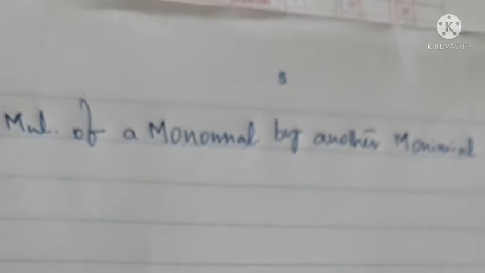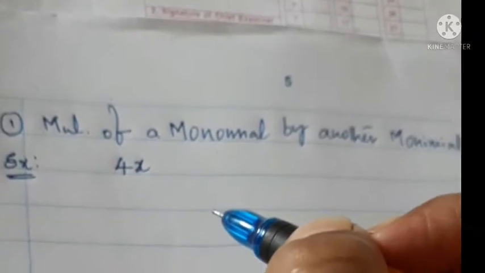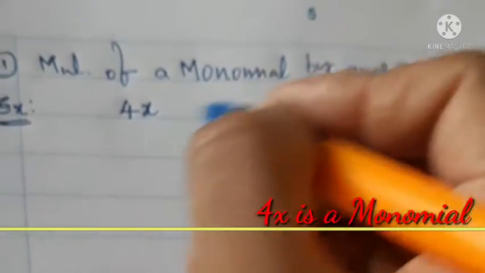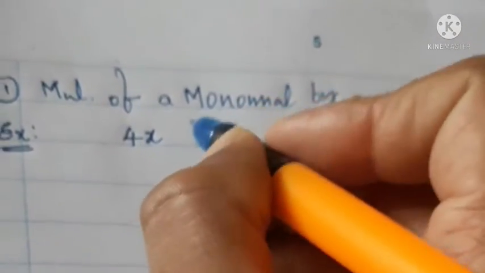Multiplication of a monomial by another monomial. So let me take one example to explain this concept. For example, I have taken 4x. Is it a monomial? Exactly, it is one example of a monomial.